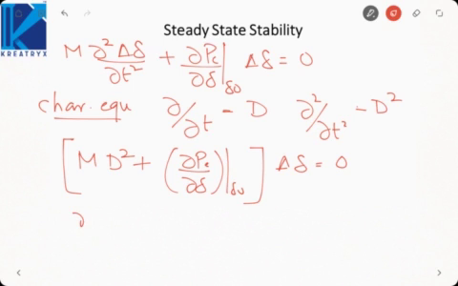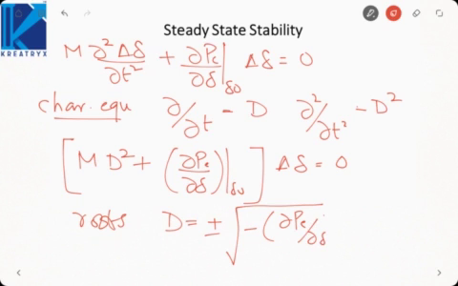So the roots of this equation will be D is equal to ± under root of minus ∂P/∂δ at δ = δ0 by M.